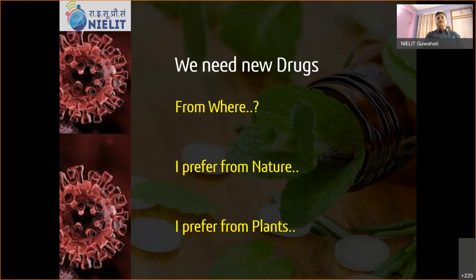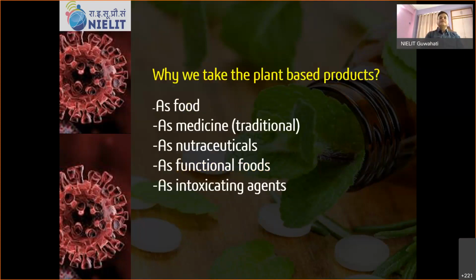Keeping aside the technological needs for computer-aided drug discovery, first of all, we need the sources from where we will get the new compounds, right? So for today's discussion, I am keeping it to plants. There may be some other sources also, but here, to limit the discussion to plants, I'll start the identification of the plant product. So how will we go ahead with that?